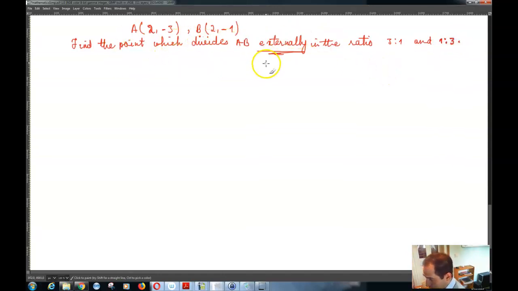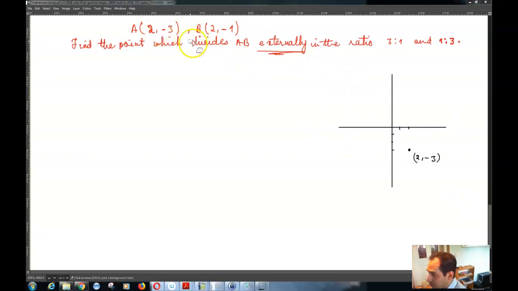So what you need to do here is that, of course, the points that you have are... there's something wrong here, I'm sorry. This is not 2 comma negative 3.